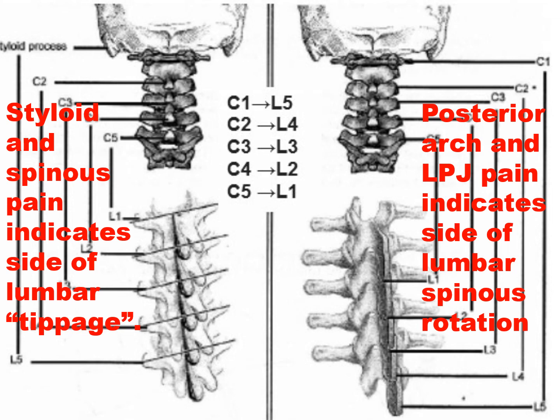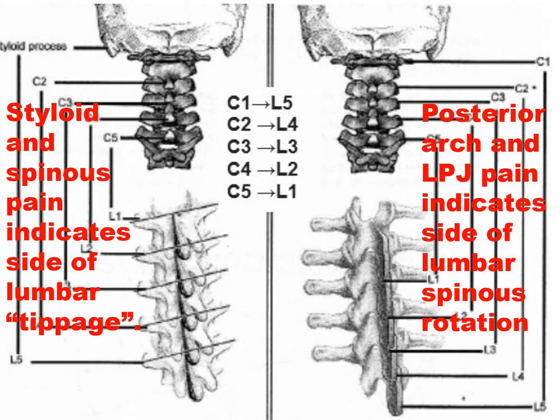Now C2, 3, 4, and 5 don't have a posterior arch, but they have an LPJ. So if you palpate over the LPJ, which the SOT book refers to as the posterior aspect of the transverse process, I think we're more used to palpating over LPJs.